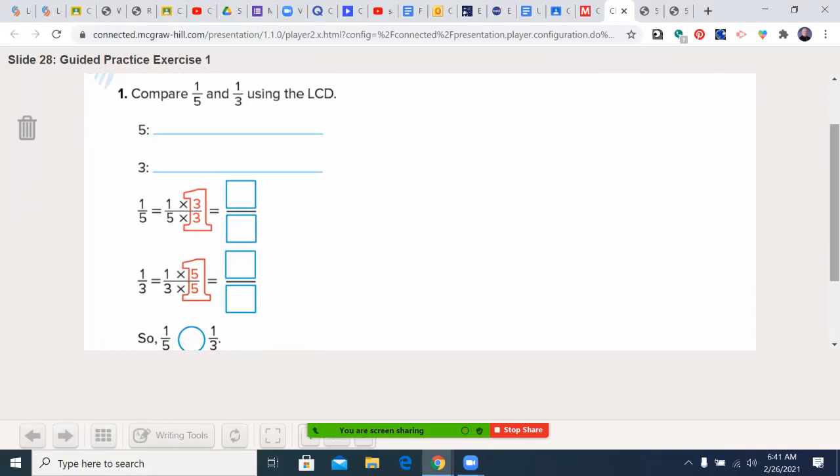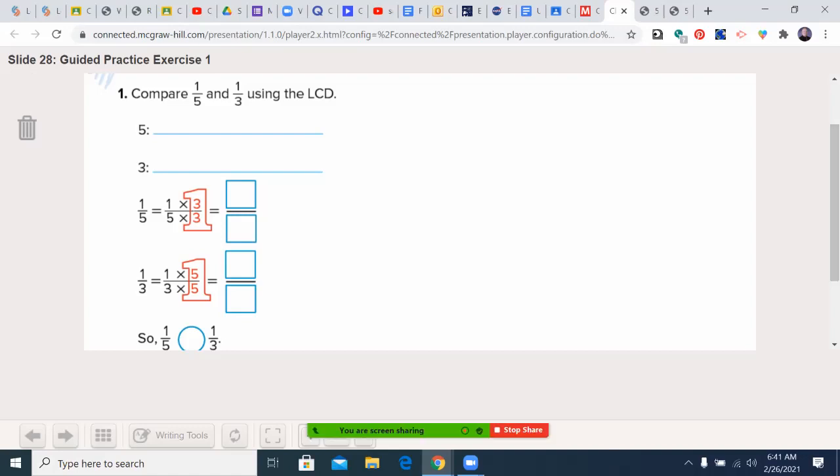What I ask you to do, just to save video time, is to pause the video to do the problem, then unpause it when you're ready for me to go over it or see the answer. That way we don't have to wait for 5 minutes where somebody needs 1 minute and somebody needed 7. So go ahead and you're going to compare 1/5 and 1/3 using the least common denominator. So you may pause the video and return when you're ready.